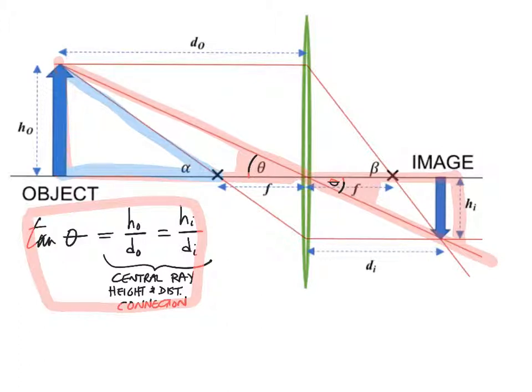So alpha is also going to be this one here, that angle is also going to be alpha. Not as easy to see. Let me be careful there.